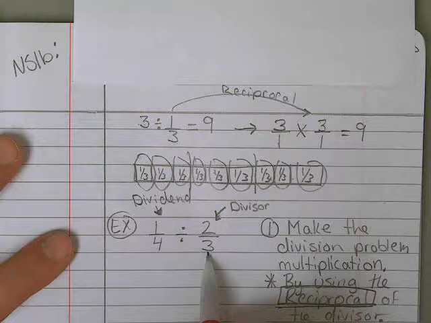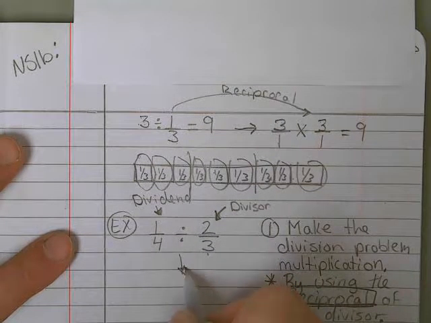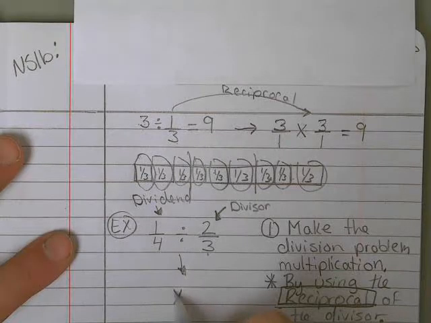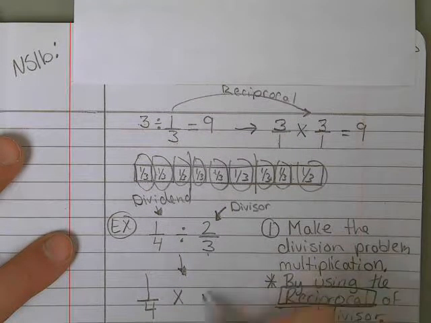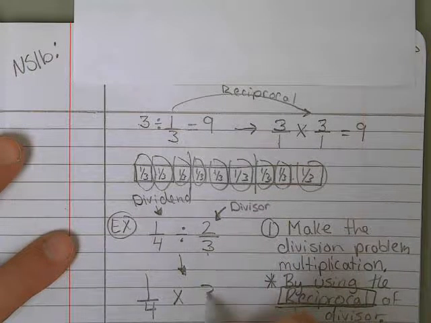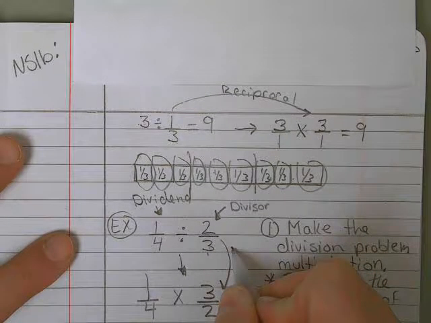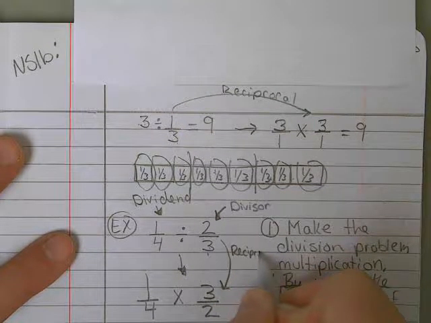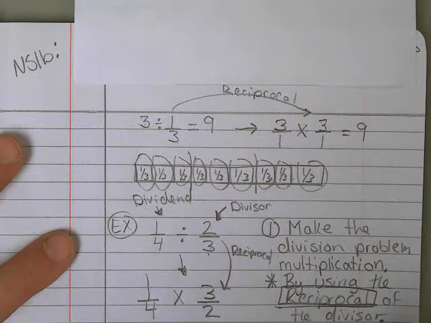So this becomes multiplication. It's still 1/4 times, now instead of 2/3, it's going to be 3/2 because you have the reciprocal.